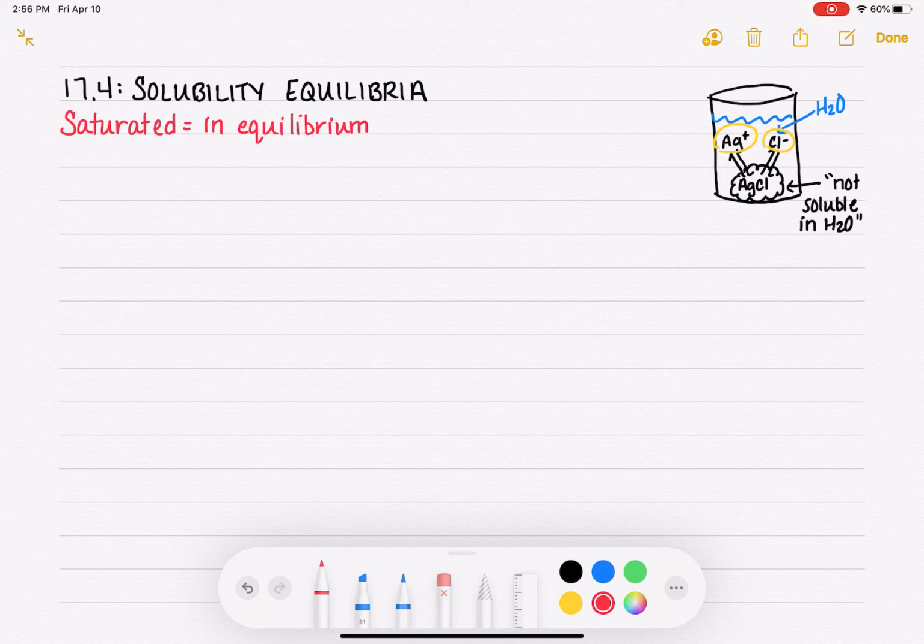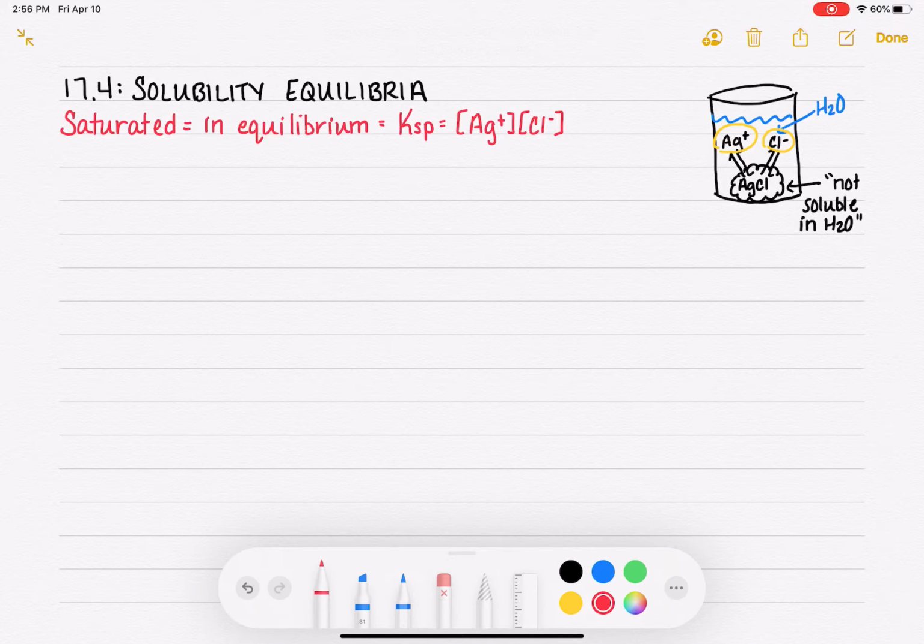And when it is in equilibrium, the solubility constant, the Ksp, is going to be equal to the concentration of, for this example, the silver ions times the chloride ions. And of course, you know that this equilibrium expression is going to change depending on what solid substance we're dealing with.